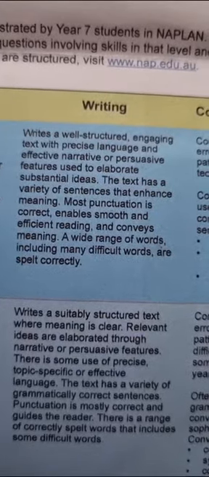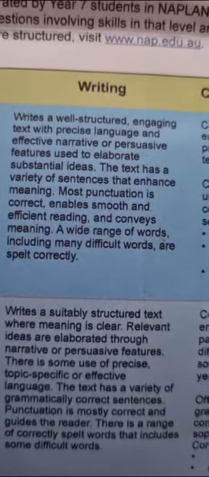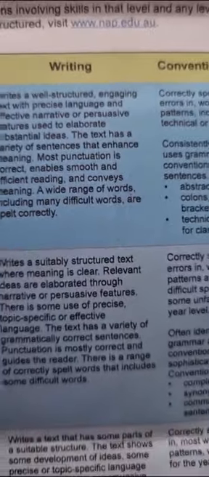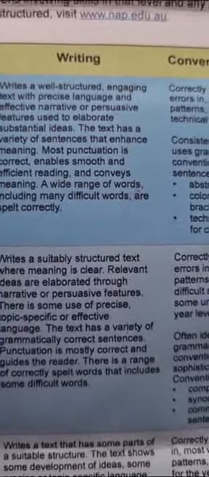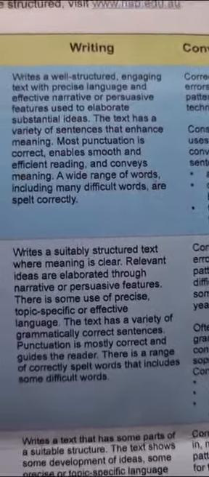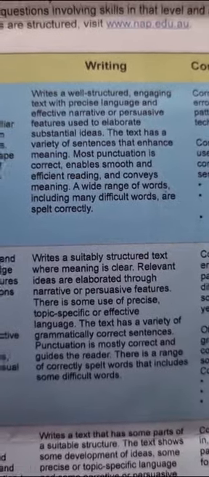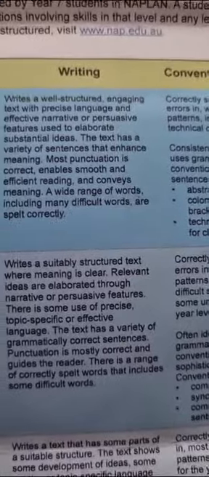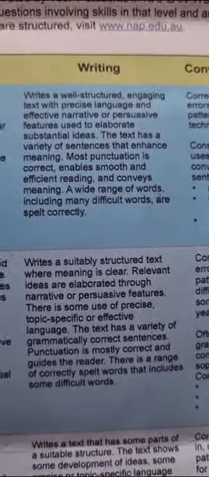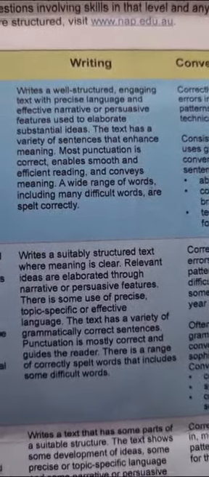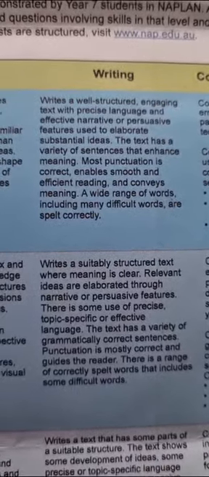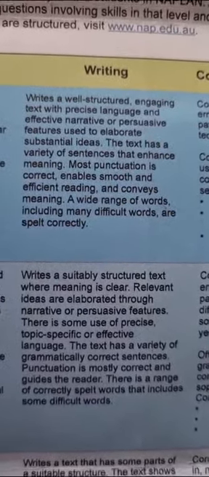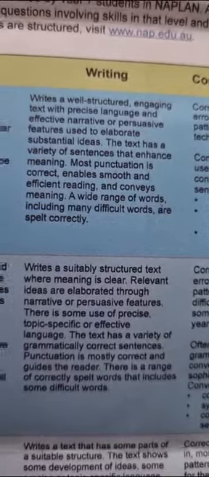Writes a well-structured, engaging text with precise language and effective narrative or persuasive features used to elaborate substantial ideas. The text has a variety of sentences that enhances meaning. Most punctuation is correct, enables smooth and efficient reading, and conveys meaning. A wide range of words, including many difficult words, are spelled correctly.